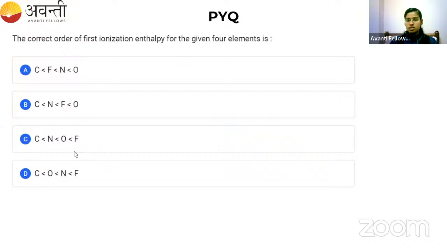Yes. So all of you try to solve this question. The correct order of first ionization enthalpy for the given 4 elements is... we have only 4 elements, but we have many elements in the second period: lithium, beryllium, boron, carbon, nitrogen, oxygen, fluorine, and neon.